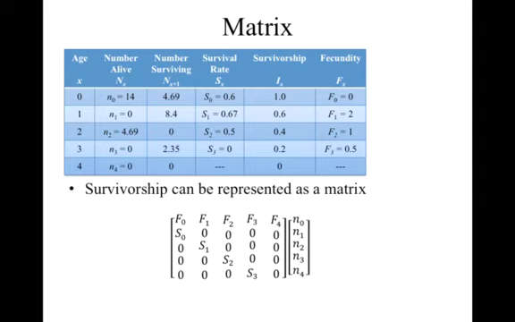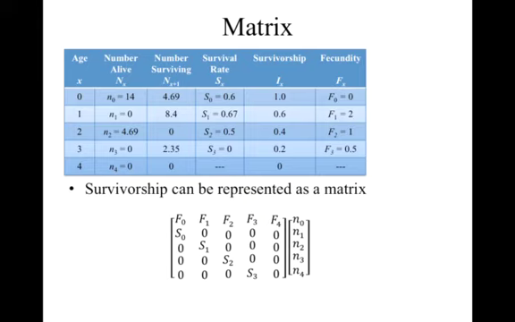All those survival rates can be represented as a matrix. And what you can then do is apply that matrix over and over to a vector of your different numbers in your different age classes.